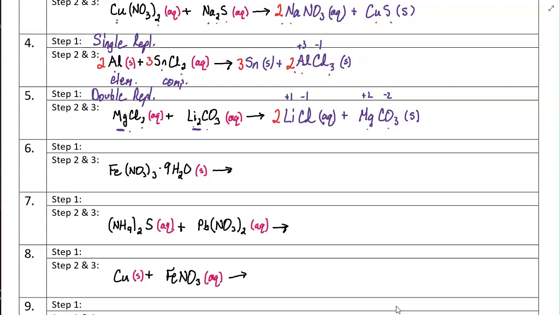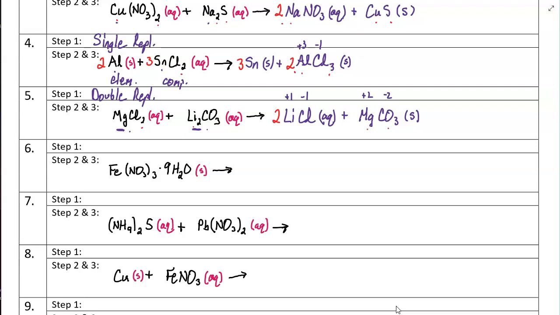Number 6, on the left side of the arrow, there is a single compound. The compound is called iron 3 nitrate. And there's this dot and then there's 9 H2Os. What that indicates about the iron 3 nitrate is that it's hydrated.